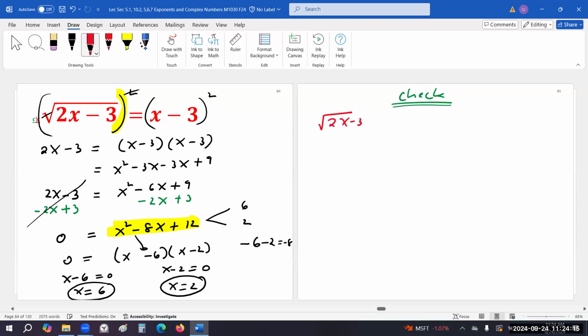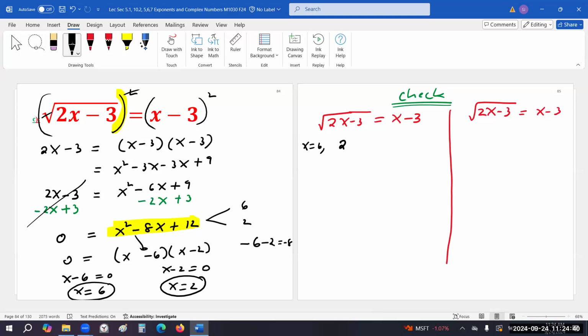Square root of 2x minus 3 should give you x minus 3. Since I'm going to check twice, I will write it twice. In the first one, my x is 6. Sophia, how do you check? So tell me what to write.